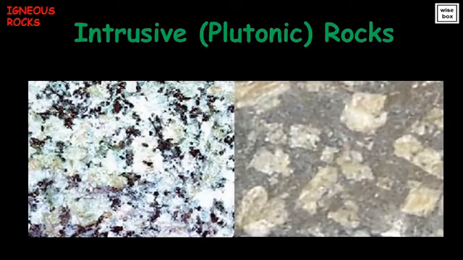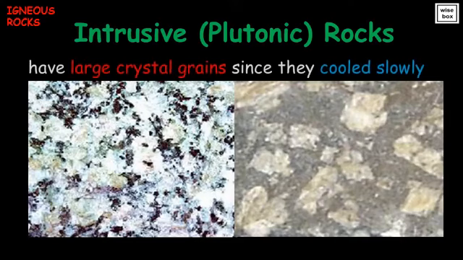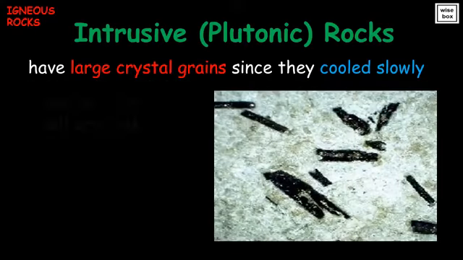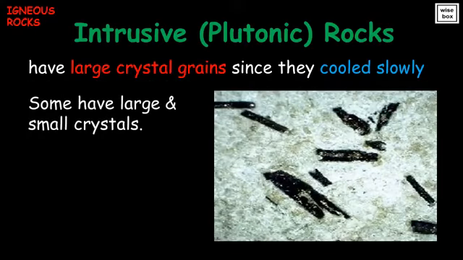This illustration shows samples of intrusive rocks. They have large crystals, and are coarse-grained. Some have large and small crystals.